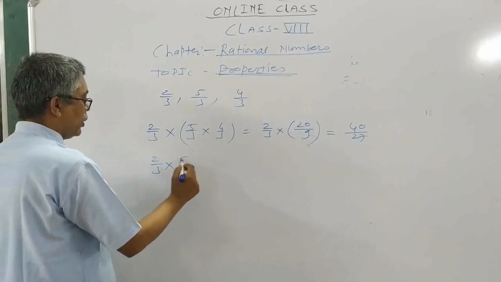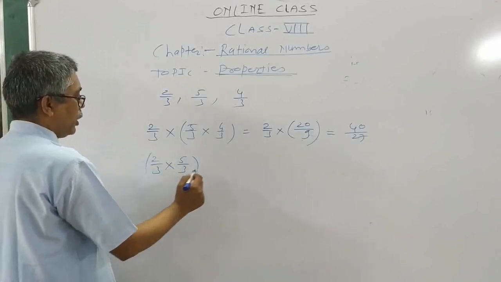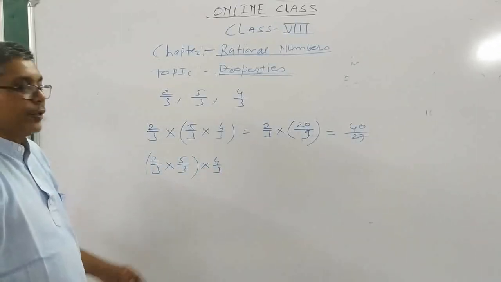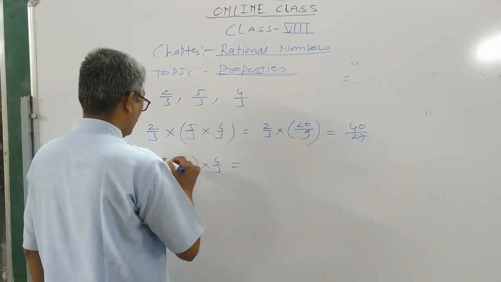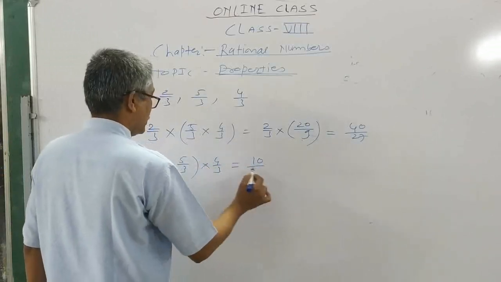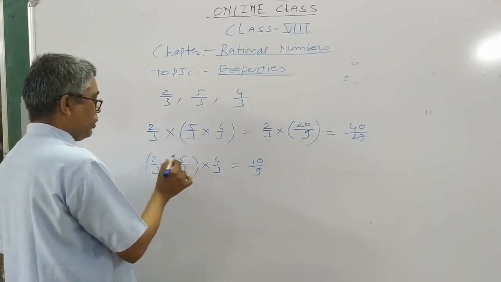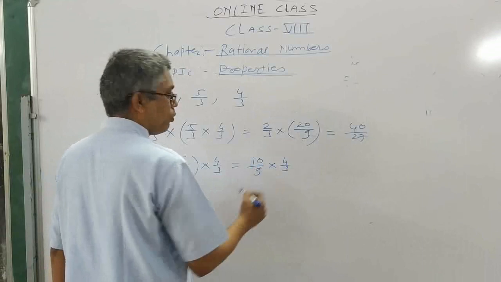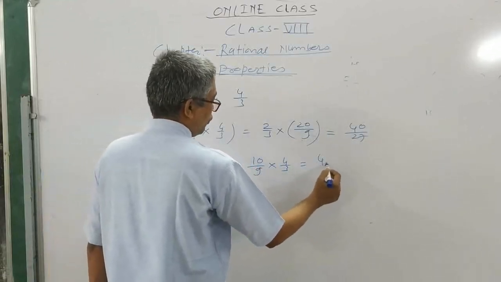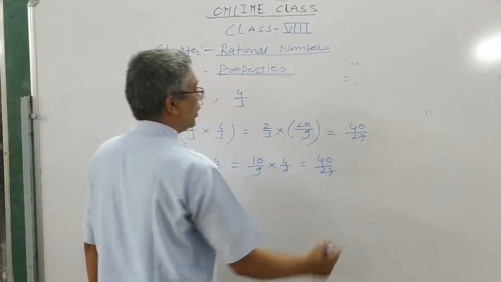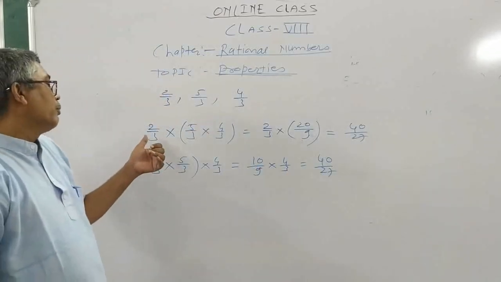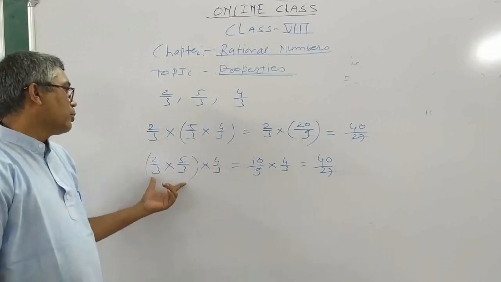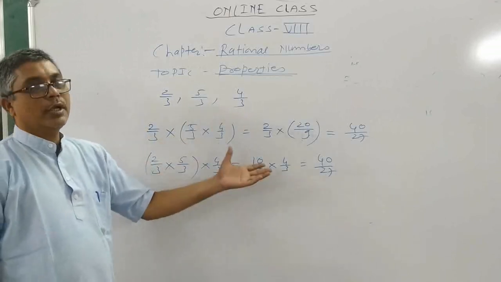Again, now we take 2/3 into 5/3 in one bracket and then we multiply 4/3 to this bracket. 5 2s are 10, 3 3s are 9. So the multiplication of this bracket is 10/9. We have to multiply this by 4/3, so here we get 40/27. Whether we multiply 2/3 with this bracket, or multiply 4/3 with this bracket, we get the same answer.